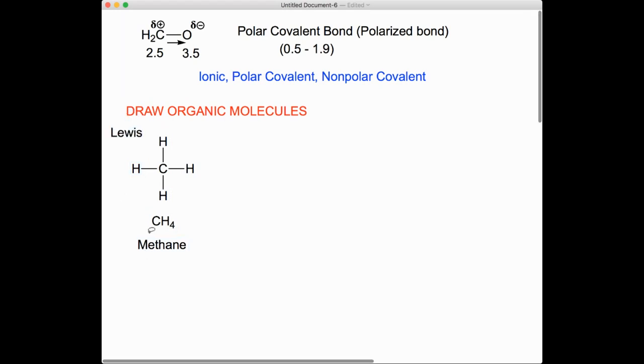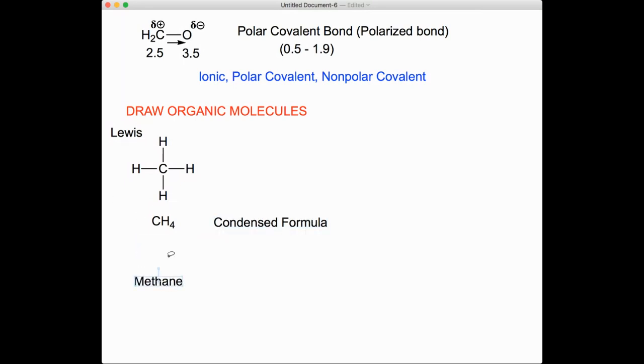And this is going to be condensed. Okay, so that's simple for methane.